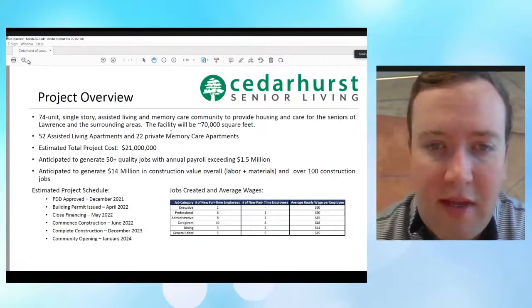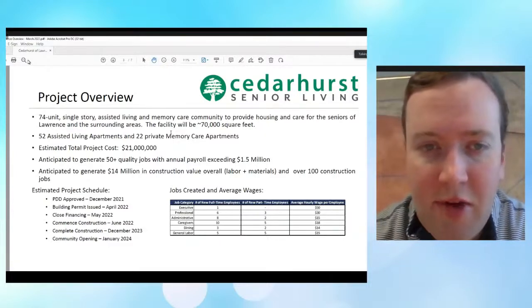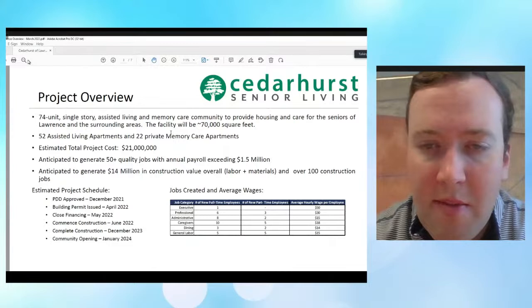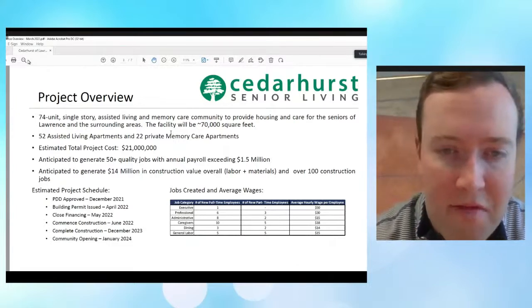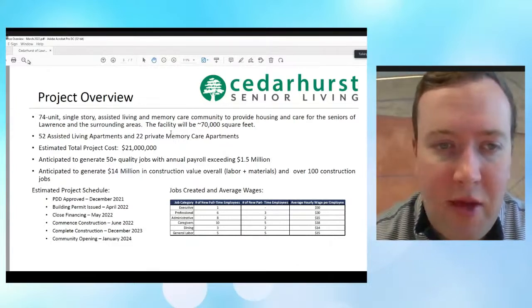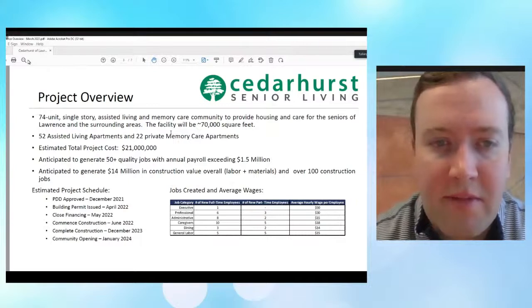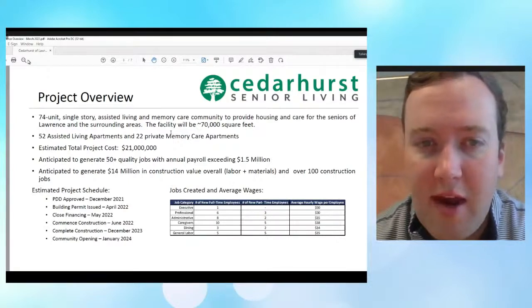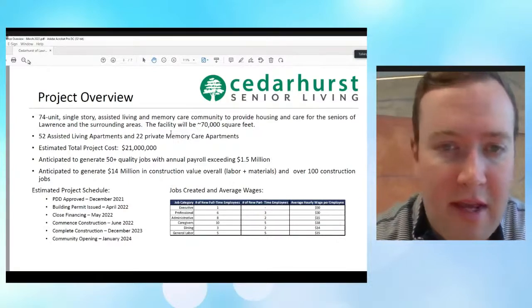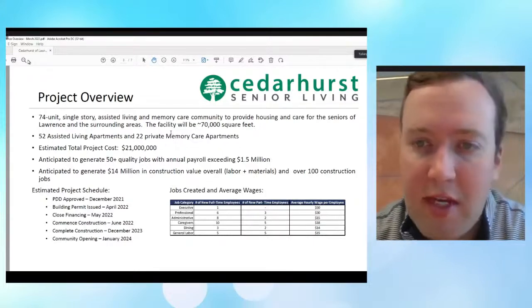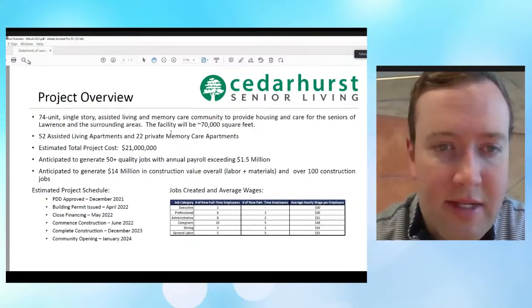That's the number that we've seen in other similar projects, the majority of them being full-time with benefits and healthcare, all that good stuff. And then we'll have some part-time staff as well, both on the care side and the administrative side. Total annual payroll is expected to be $1.5 million plus.